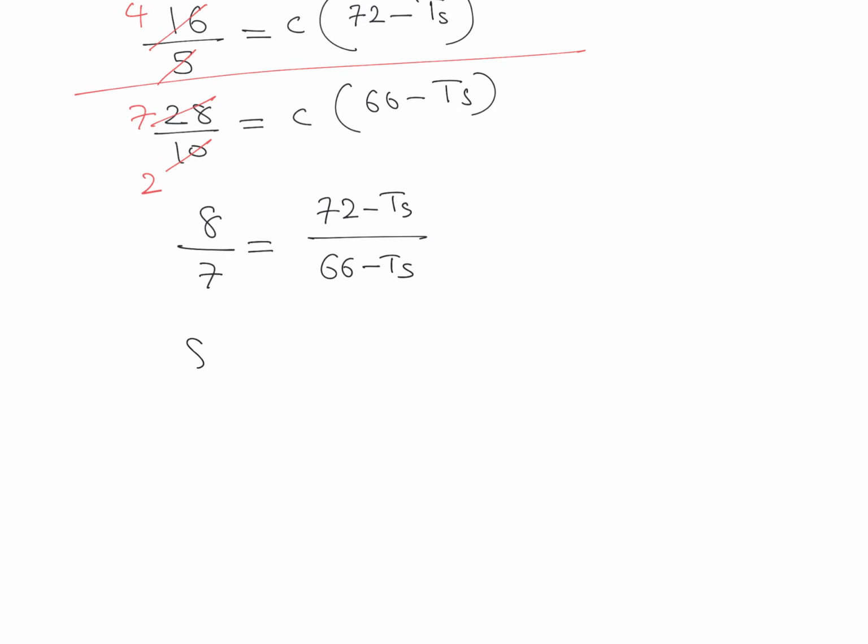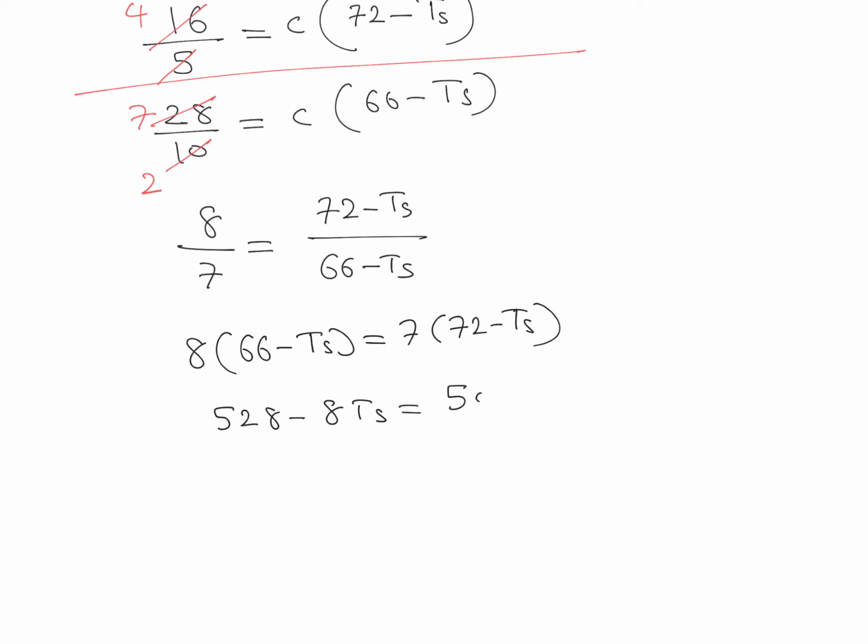Now we can multiply with 8 over here. So 8 into 66 minus temperature of surrounding is equal to 7 into 72 minus temperature of surrounding. 8 into 66, which we can take as 528, minus 8 times temperature of surrounding, is equal to 7 into 72, which we can take as 504, minus 7 Ts.